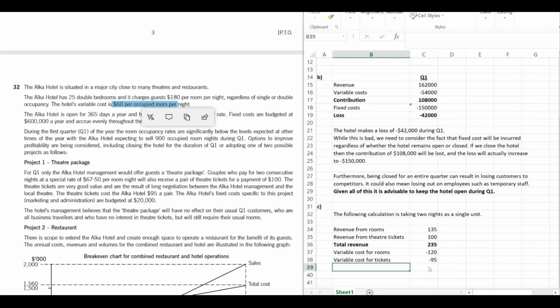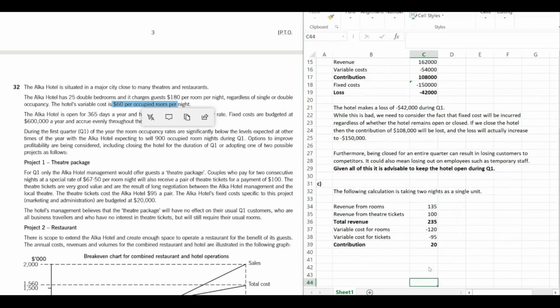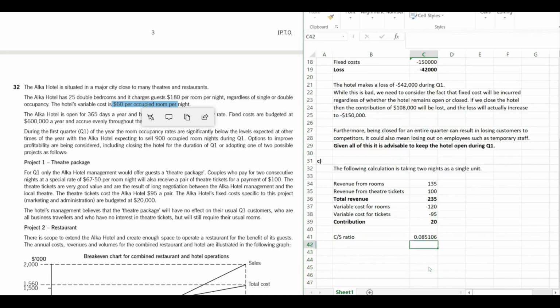Okay, so we're left with our contribution, which is going to be $20. That's pretty low. Okay, so our CS ratio is going to be 20 contribution over sales revenue 235, 0.085 something, right? So we'll just put this as a percentage.